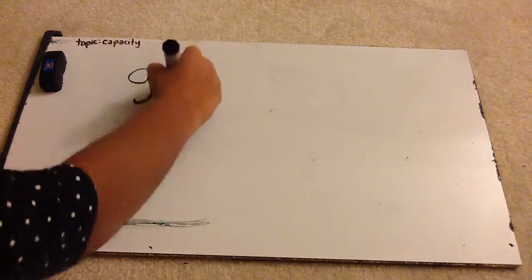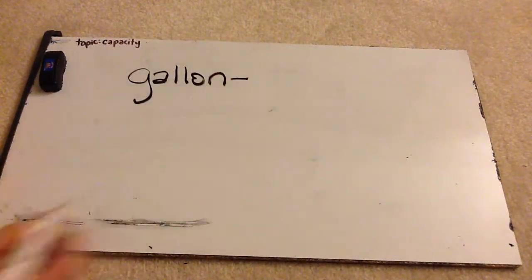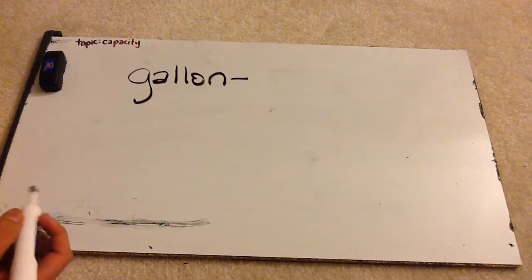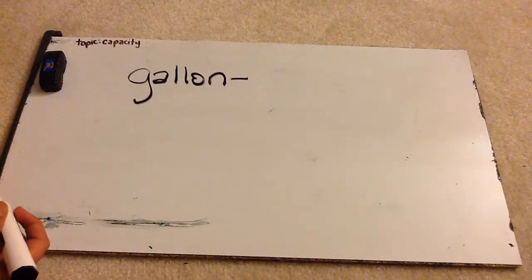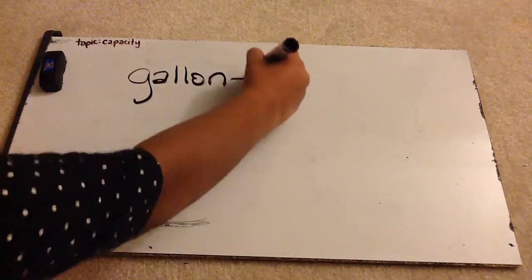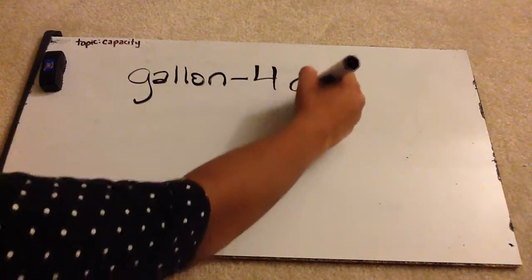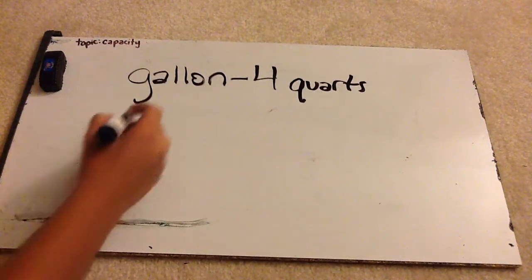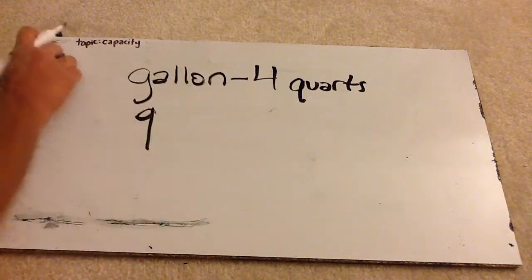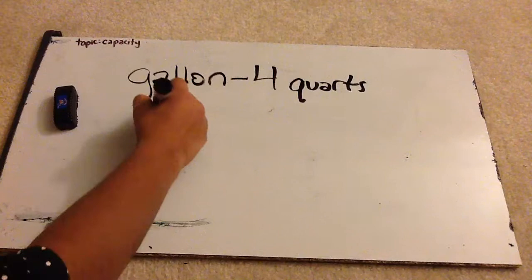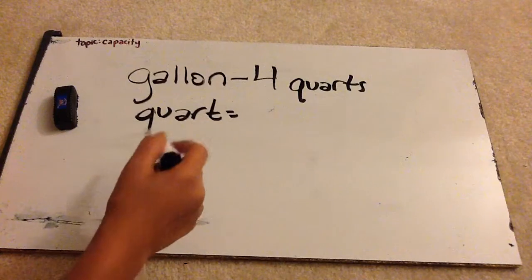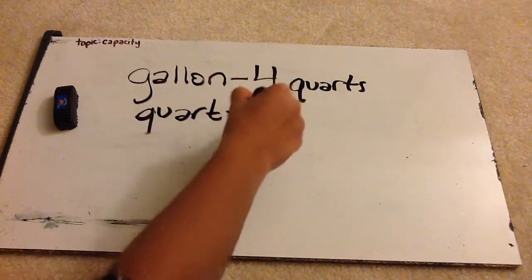A gallon equals 4 quarts. A quart equals 2 pints.